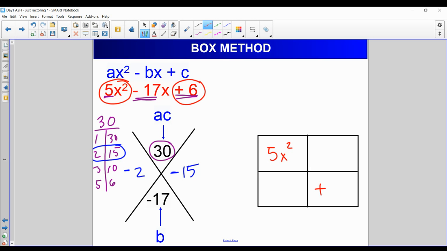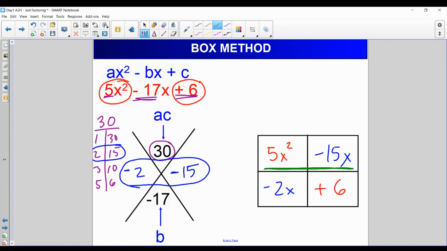Take our constant term and put it in the bottom right, and then take the two numbers that we broke down here. We broke the negative 17x into negative 2 and negative 15. So I have negative 2x and negative 15x. So now we're going to use the columns or the rows to pull out what is common.